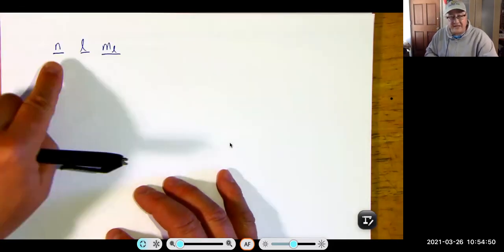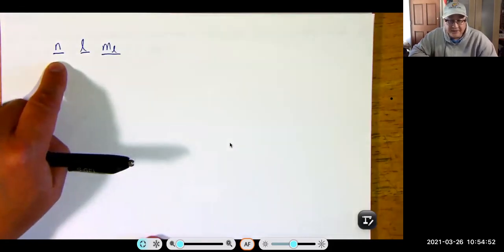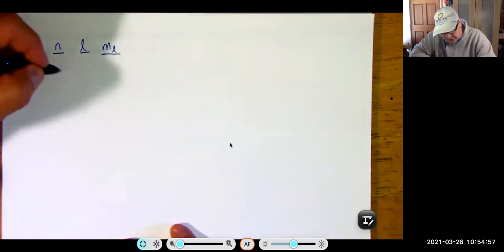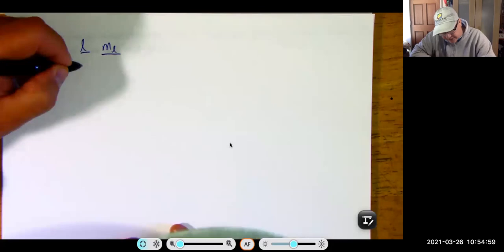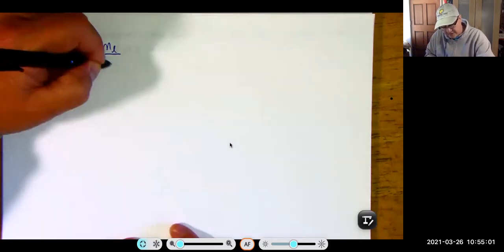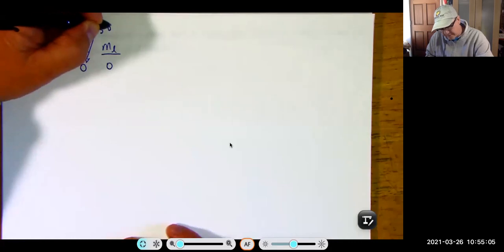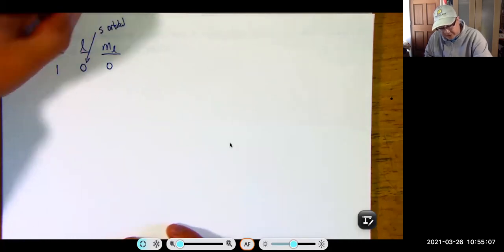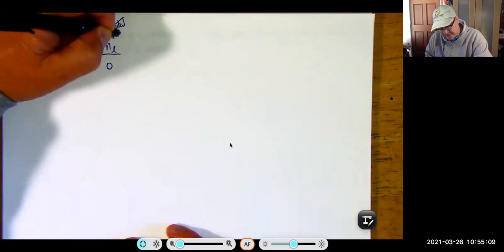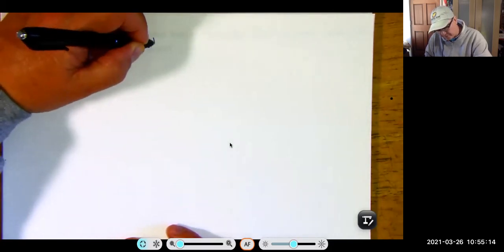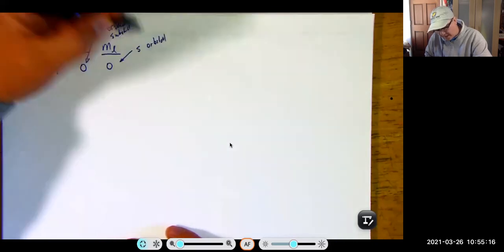What does n tell us? The shell. So in a given shell, here's n equals 1, l is 0, m sub l is 0. This is an s orbital, well, s subshell, I should say. And in fact, it's a 1s orbital.